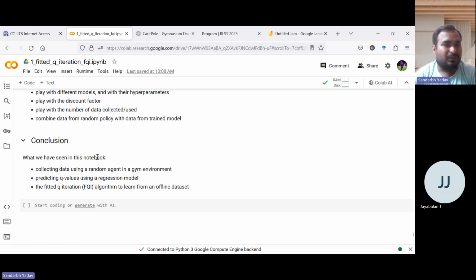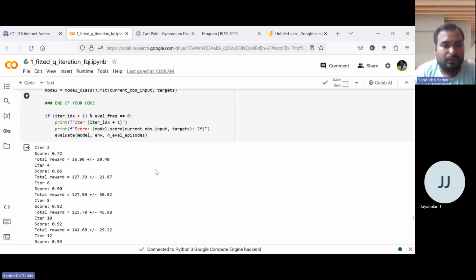So essentially in this notebook, you have learned how to collect data using a random agent in a gym environment, predicting Q values using a regression model, which was k-nearest regression, and the fitted Q iteration algorithm to learn from an offline data set. This fitted Q iteration eventually moves into deep Q network, which will be covered in week 8.